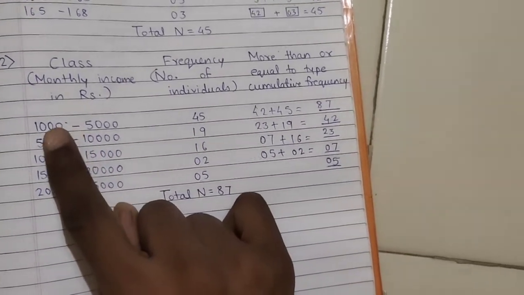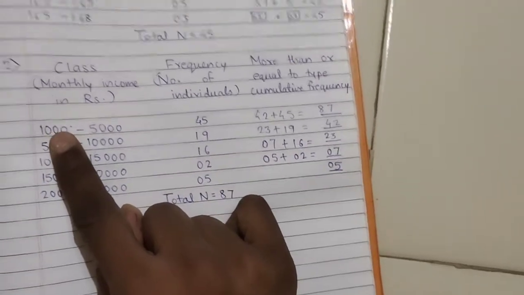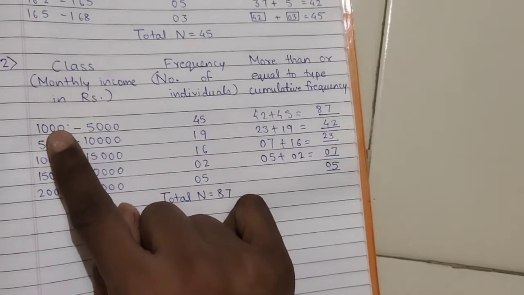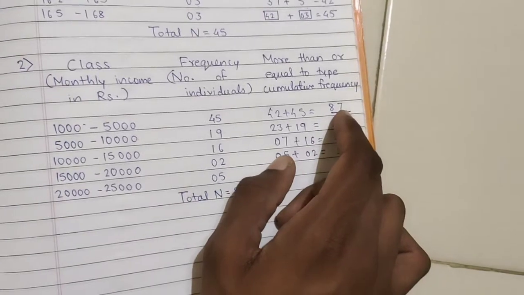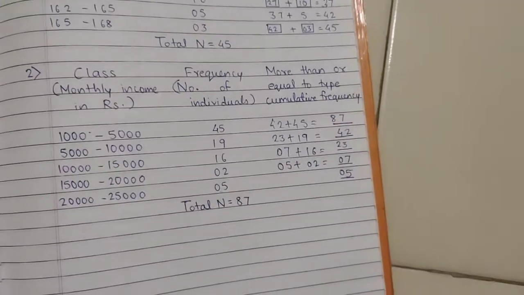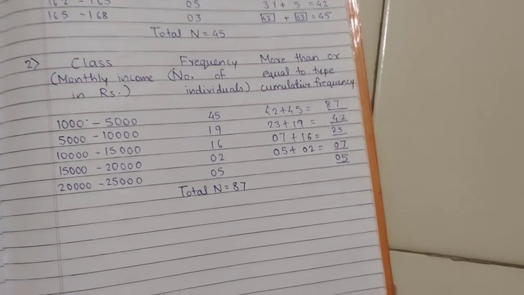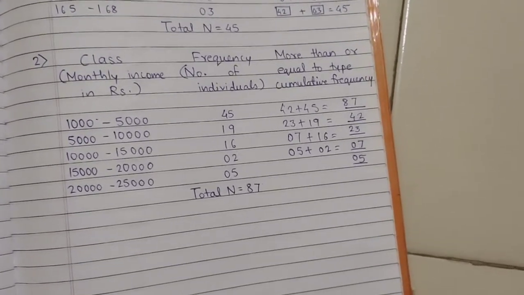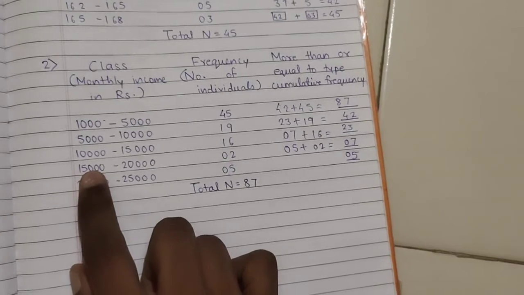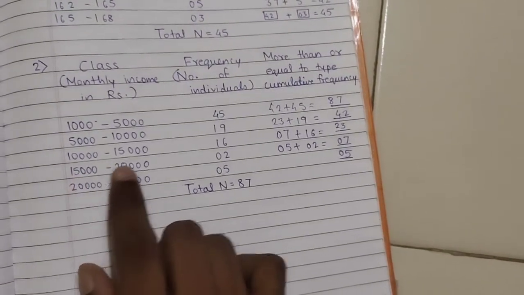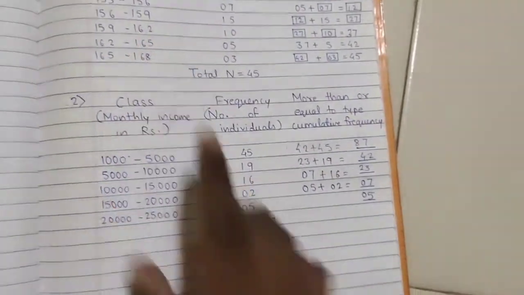Similarly, for those individuals who take salary more than 1,000, that is how much? 87. So this data gives you how many are more than that particular number, and for more than purpose you have to see the lower boundary, and for less than purpose you have to see the upper boundary.